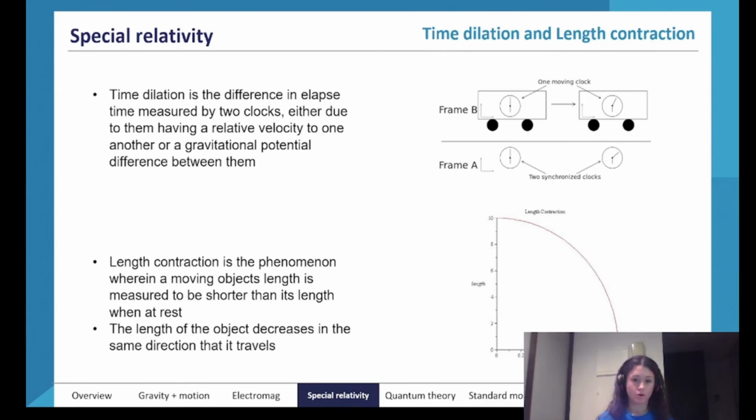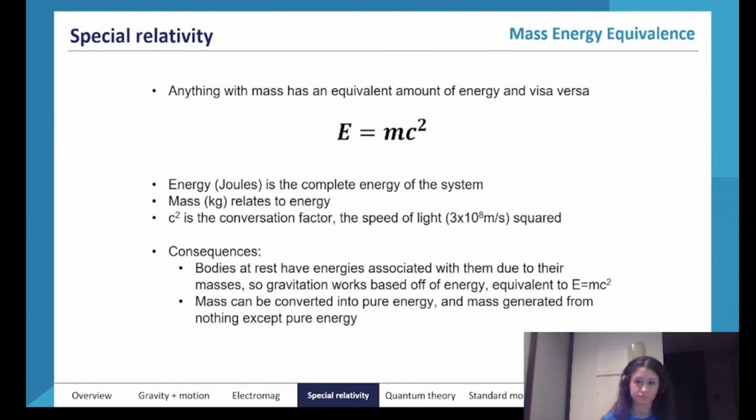Moving on from this slide, we are now going to get onto energy-mass equivalence. This one is pretty simple. It just tells us that anything with mass has an equivalent amount of energy and vice versa. E equals mc squared.